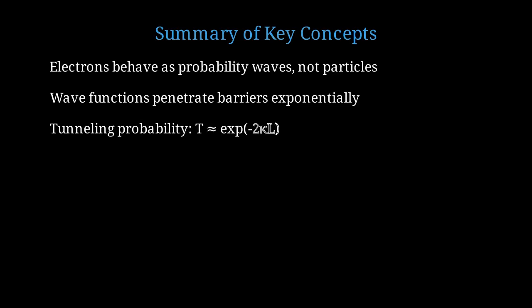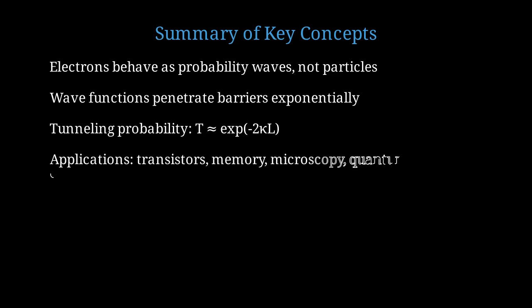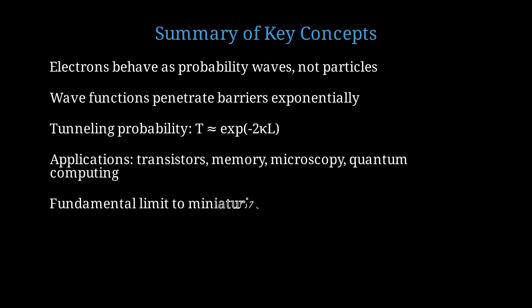Third, tunneling probability follows the exponential formula, T approximately equals exponential negative 2 kappa L, making it extremely sensitive to barrier thickness. Fourth, tunneling enables crucial technologies including transistors, flash memory, scanning tunneling microscopes, and quantum computing. And fifth, tunneling represents a fundamental quantum limit to how small we can make conventional electronic devices.